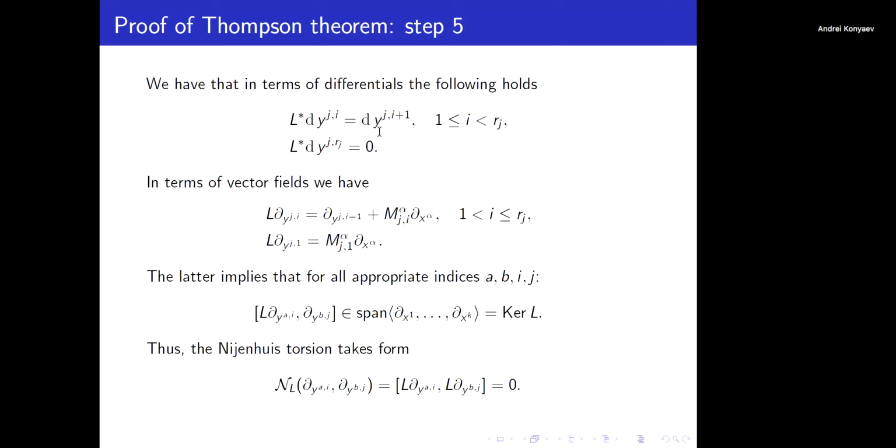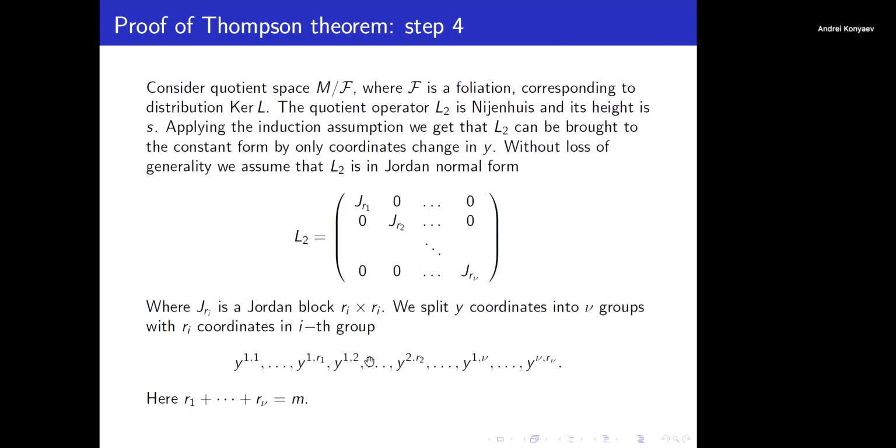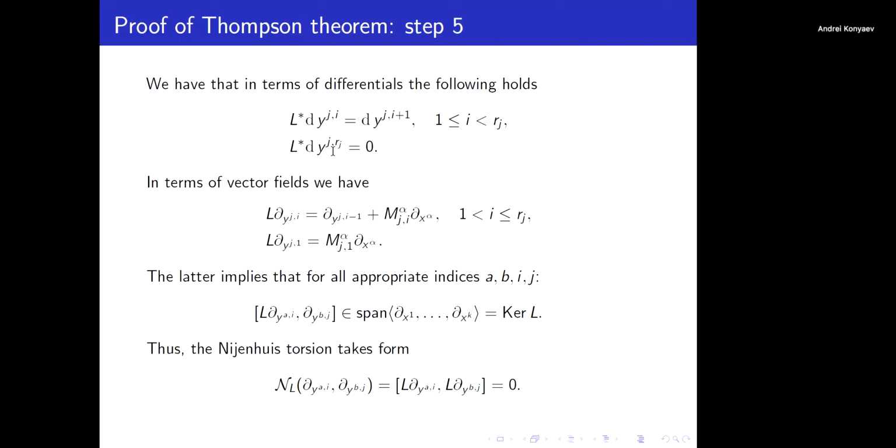By applying the J star, it increases the second number. It means that it stays in the same group, but the second number increases till you get to the last number, and after you apply it, you get 0. This is exactly how a Jordan block works, right?